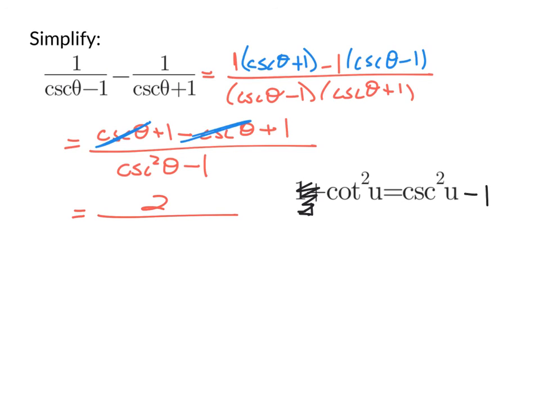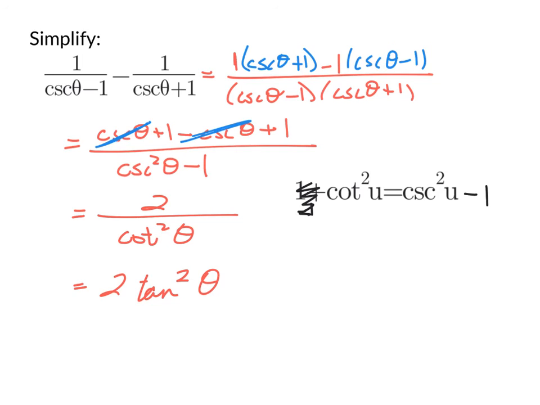So we know that cosecant squared minus 1 is equal to cotangent squared. And of course now we've got cotangent in the denominator. The reciprocal of cotangent is going to be tangent. So 2 tangent squared of theta. And here's our simplified expression.